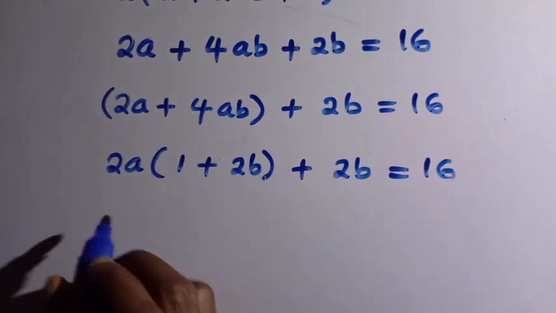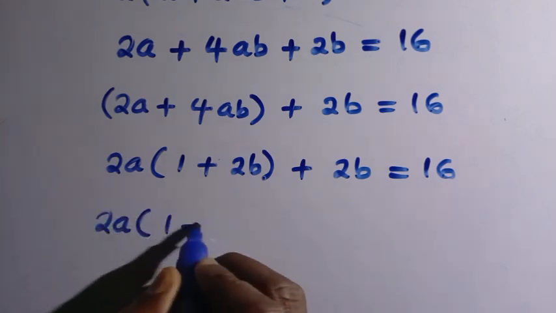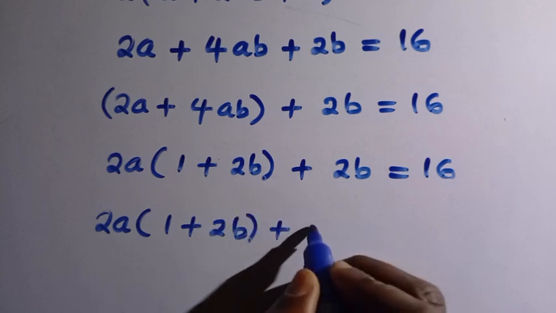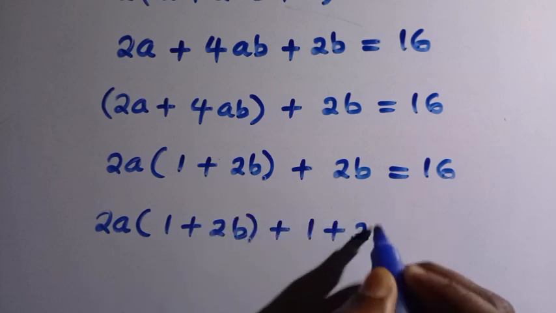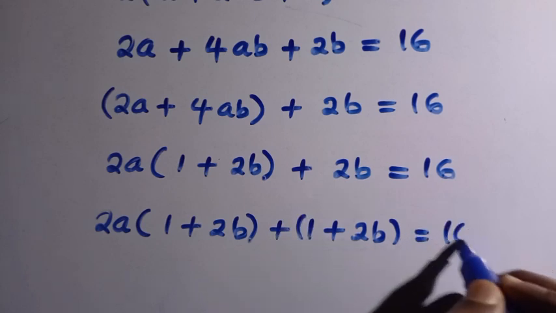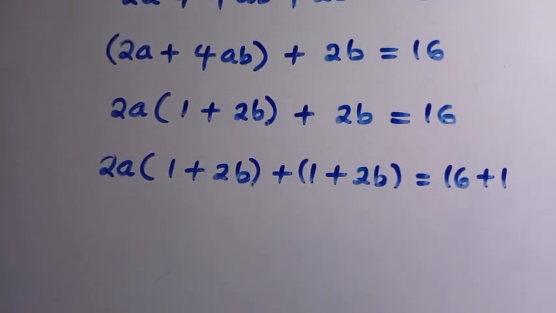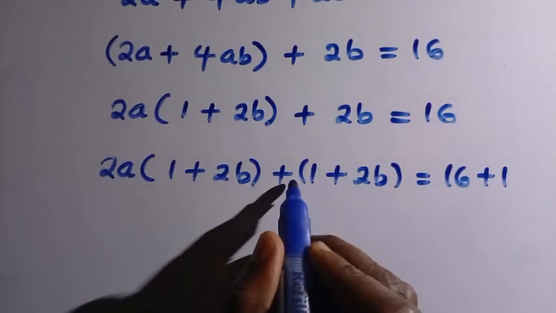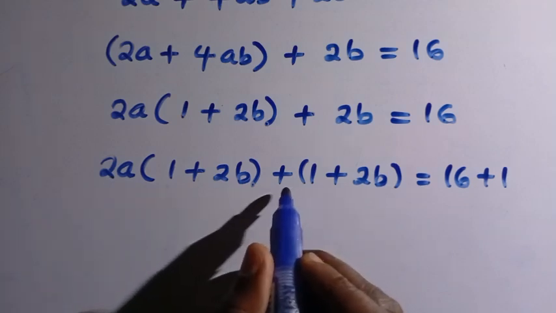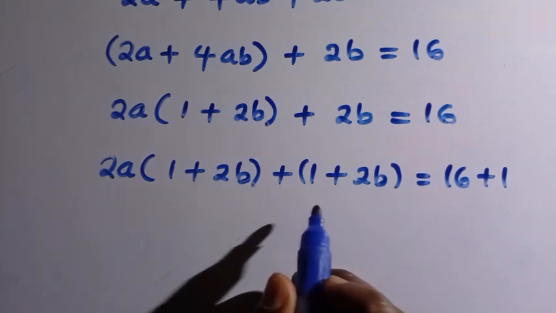So by adding 1 to both sides, we have 2a bracket 1 plus 2b, plus 1 plus 2b, equals 16 plus 1. Since we are adding 1 to both sides, we have to combine 2a plus 1 together with 1 plus 2b.